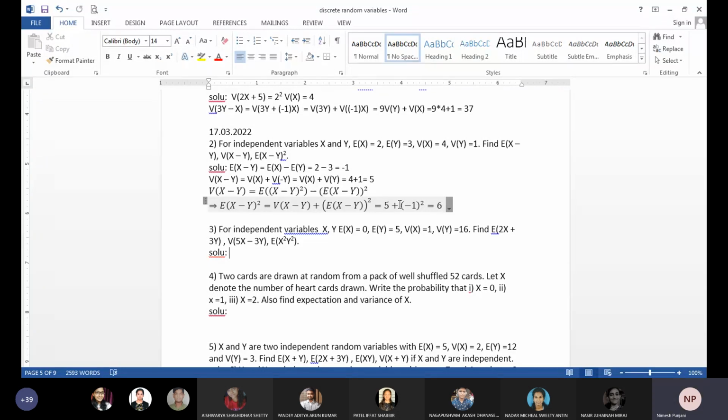Variance of y is 16. You have to find out expected value of 2x plus 3y, variance of 5x minus 3y, and expected value of x square y square. These are the three things which you have to calculate. So calculate and tell me the answer for third term.